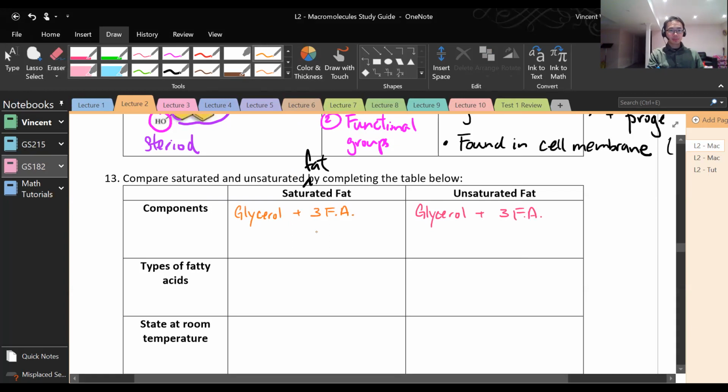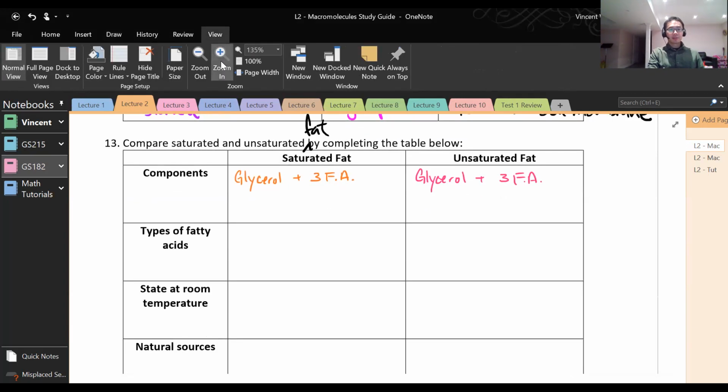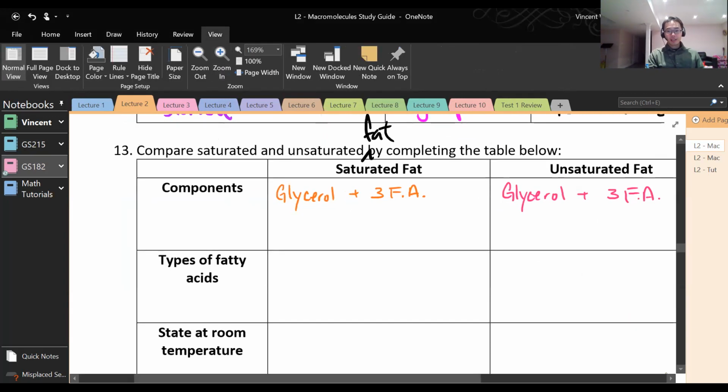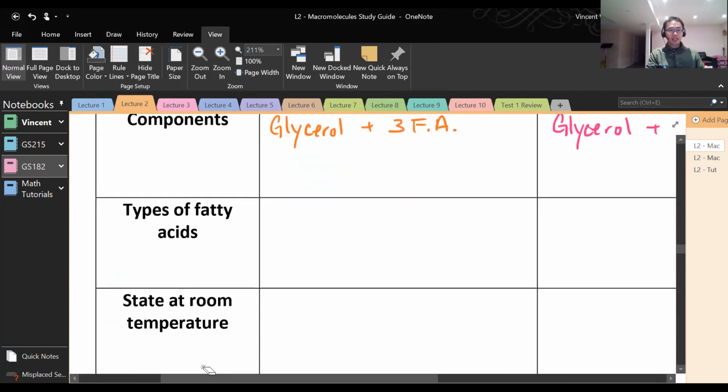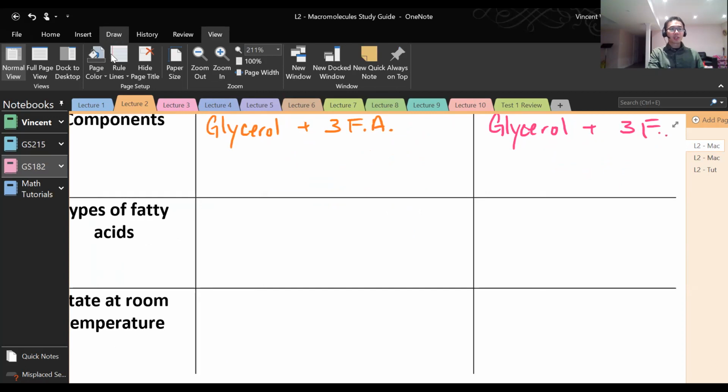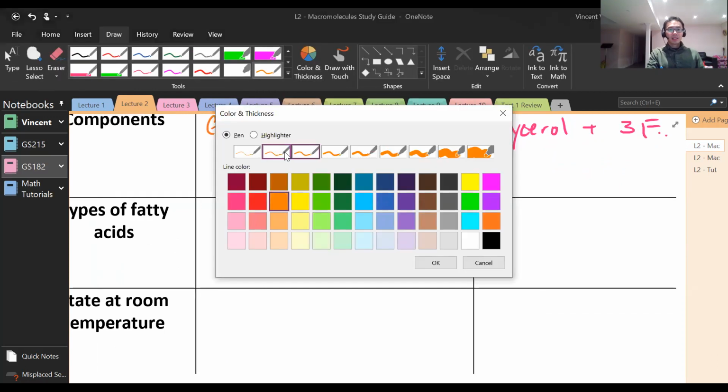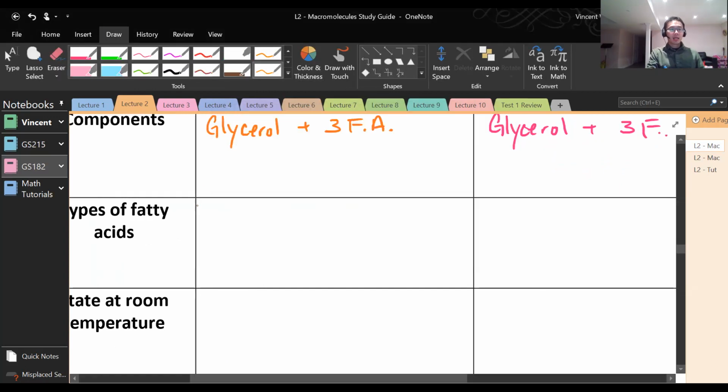Well, the difference is this. I'm gonna have to zoom in so I can fit in more stuff. I always have trouble allocating appropriate space for the worksheets. So the type of fats. The type of fatty acids that you will find in saturated fats are going to be saturated fat.